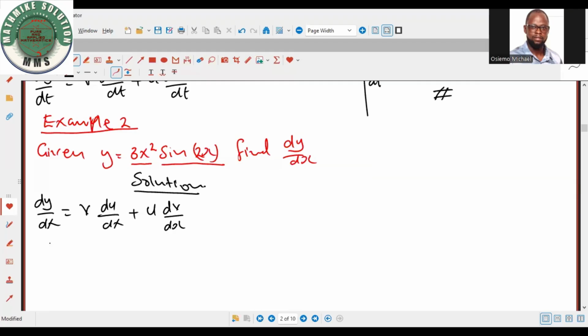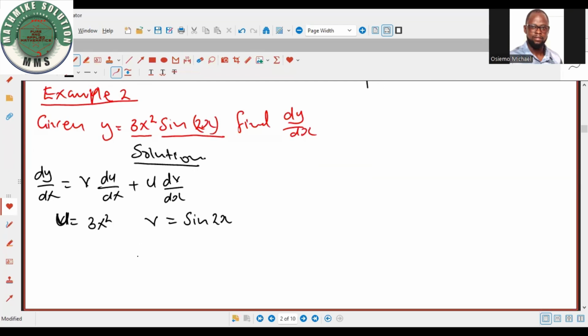Good. So we let our u be equal to 3x squared, and our v be equal to sine 2x. Again, applying the standard table, we have du dx is equal to 6x, and our dv dx being equal to 2 cos 2x.